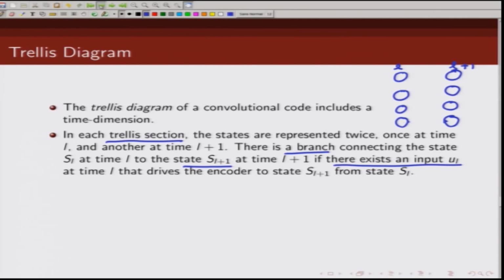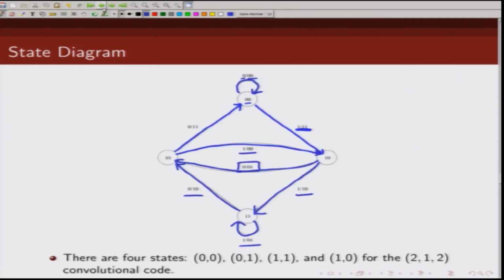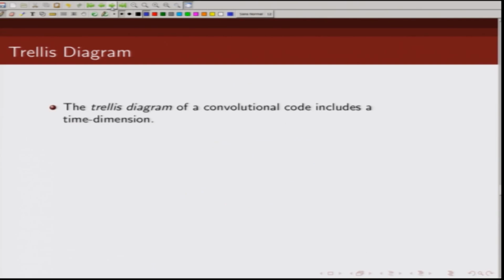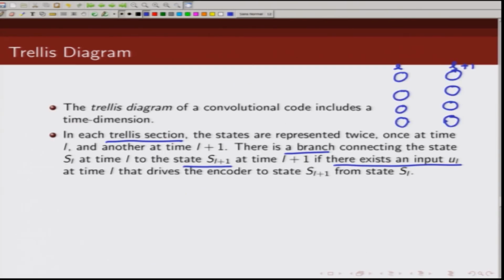For example, let us go back to this. If you are in state 0 and you get a 0, you remain in all 0 state. So, this can be represented here. Let us say this is my 0 0 state, and this is also my 0 0 state. There is a transition from here to here, and what is that input that causes this transition?